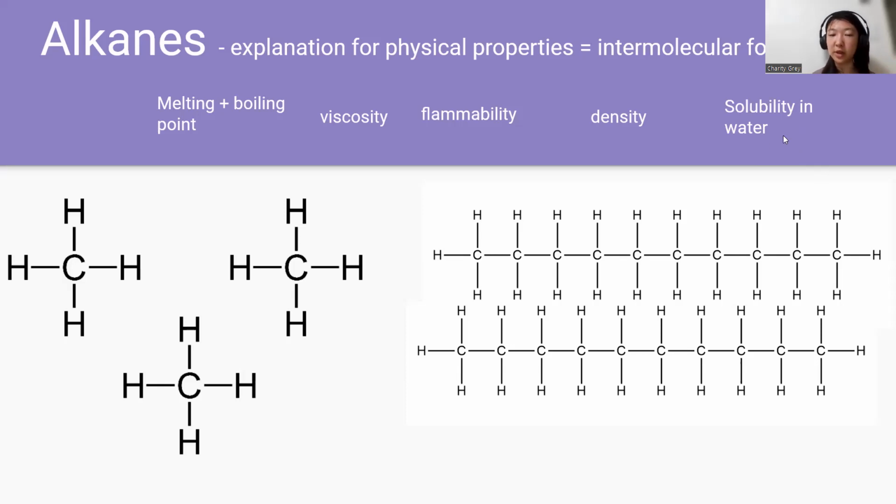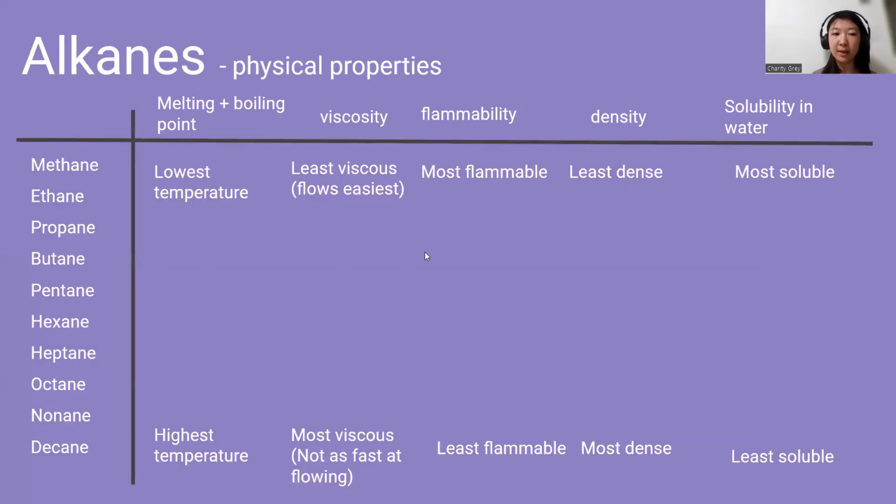Finally, you have solubility in water. So all alkanes are not soluble in water, but some of them are more soluble in water than others. So here we can see that the top four are mostly going to be very close to each other because they're all very small, right? Because they're so small, they have certain properties that are similar to each other.